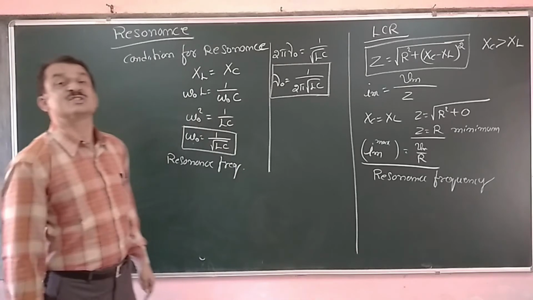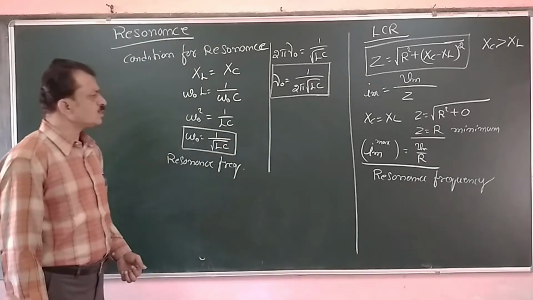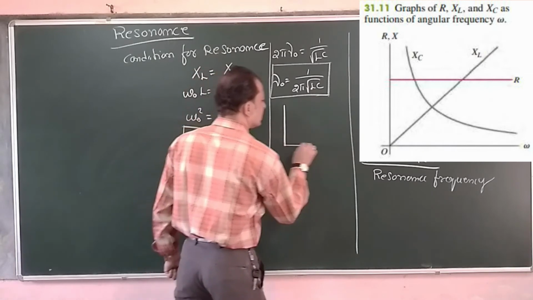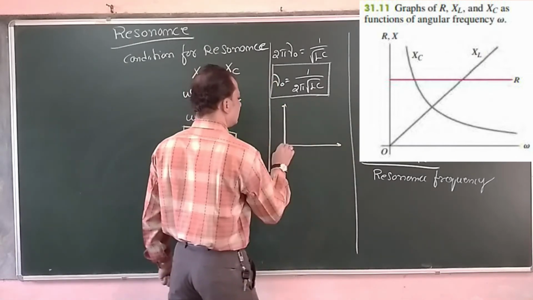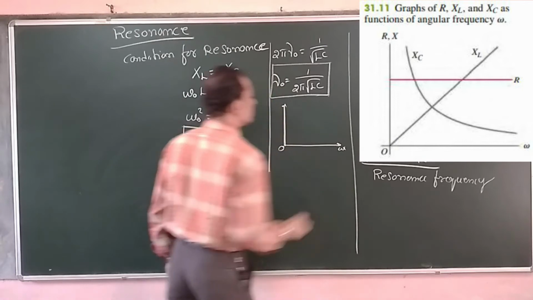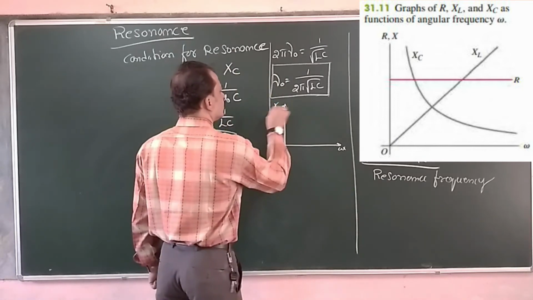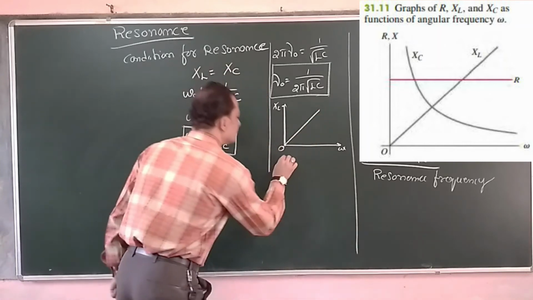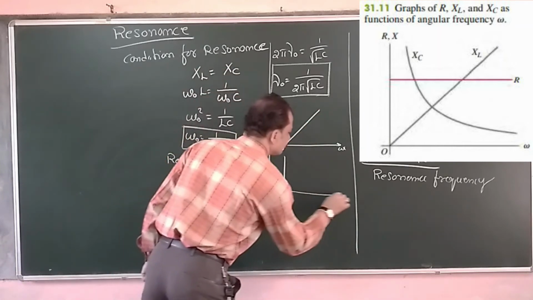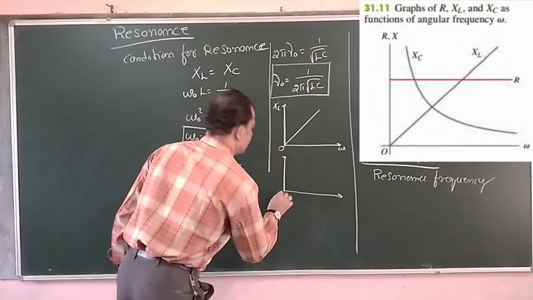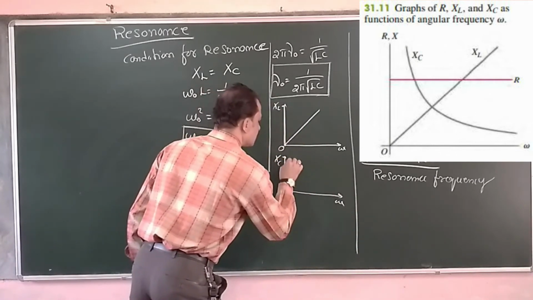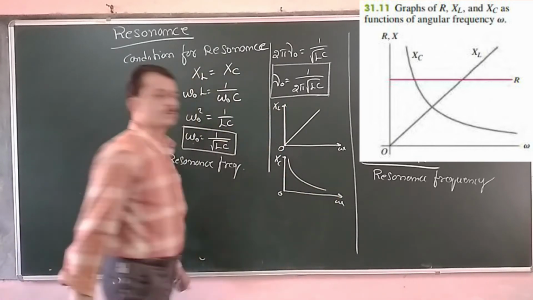Now graphically, as we have studied, in the case of an inductor, XL linearly increases. In the case of a capacitor, XC decreases.